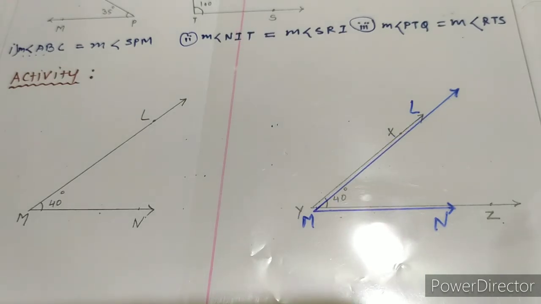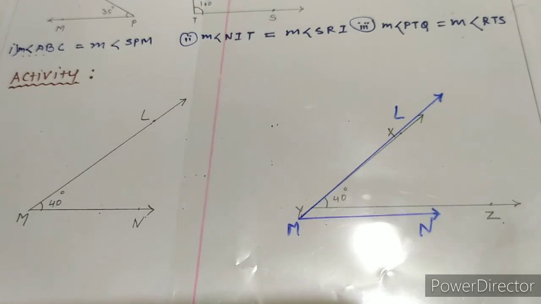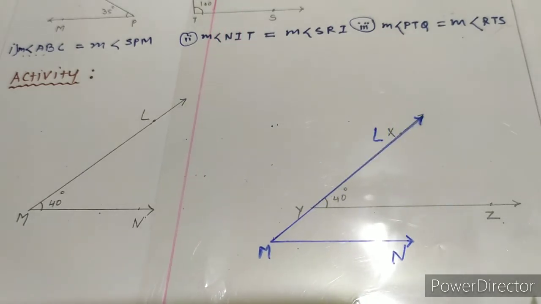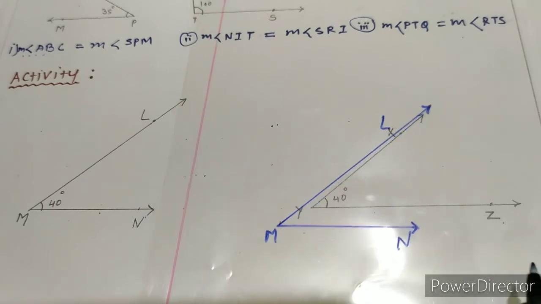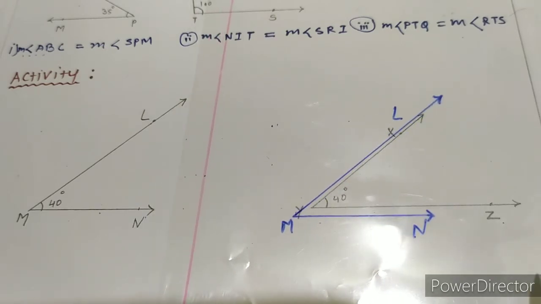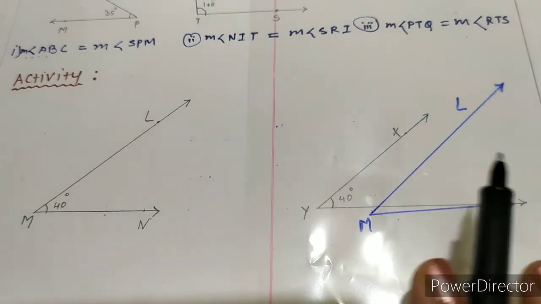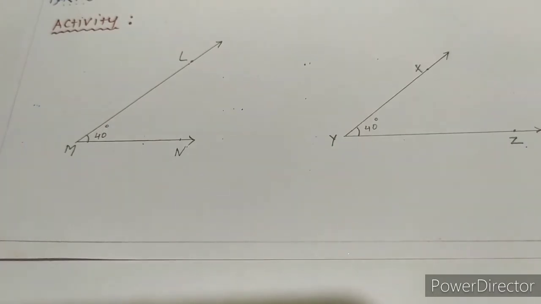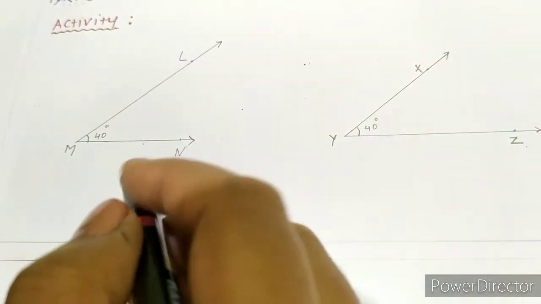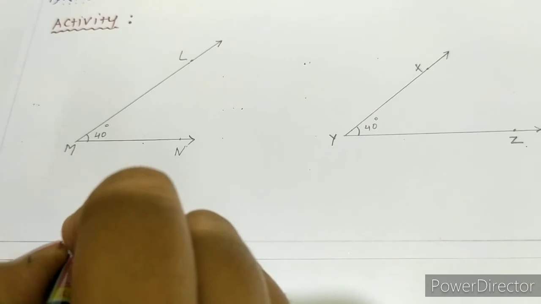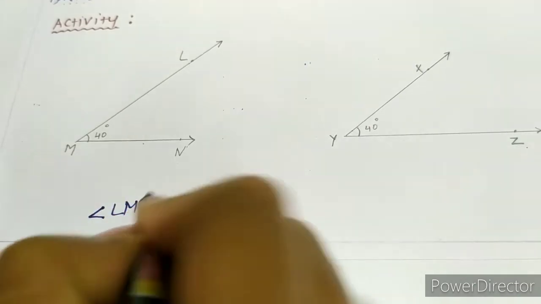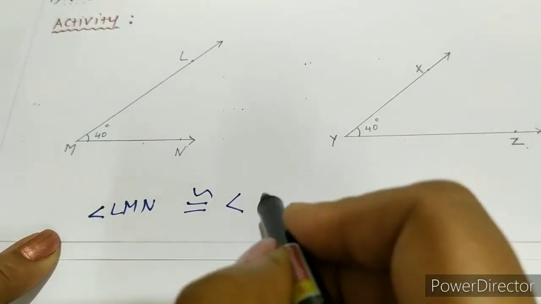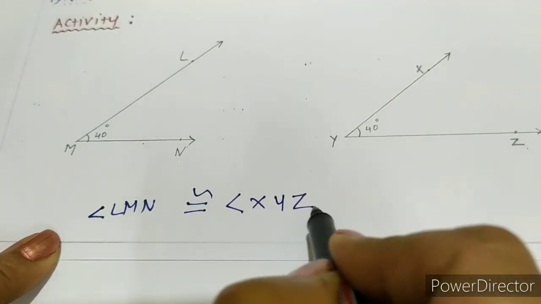The congruence of angles does not depend upon the measure of those angles or the sides or rays. That LMN is congruent with XYZ is written as angle LMN is congruent to angle XYZ.